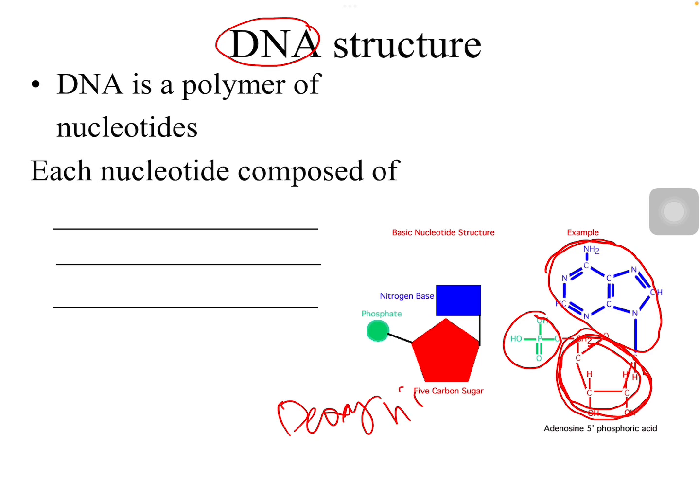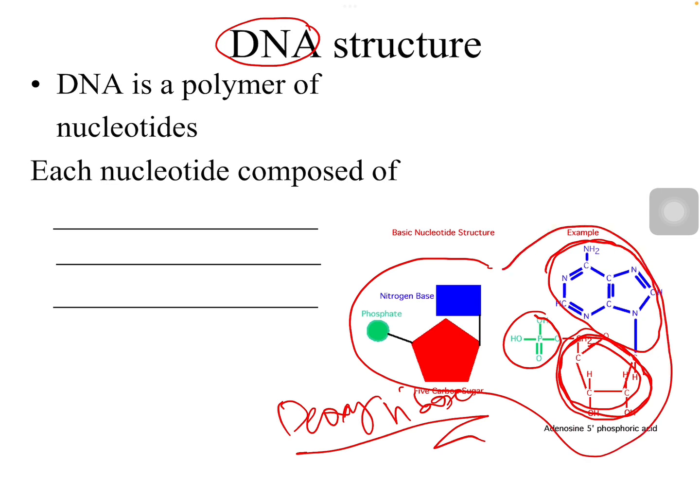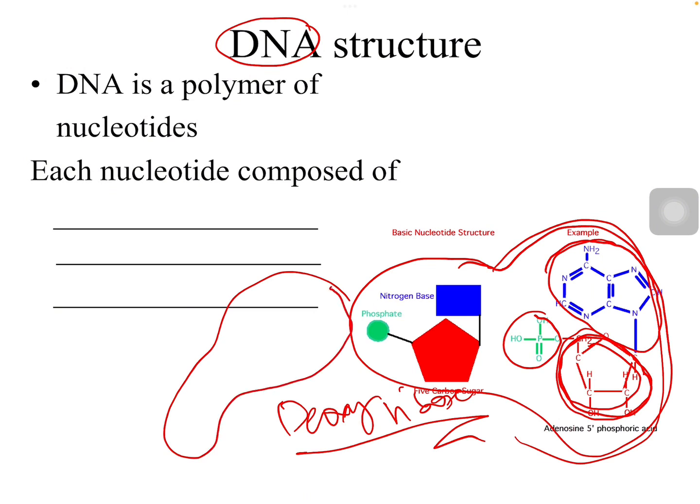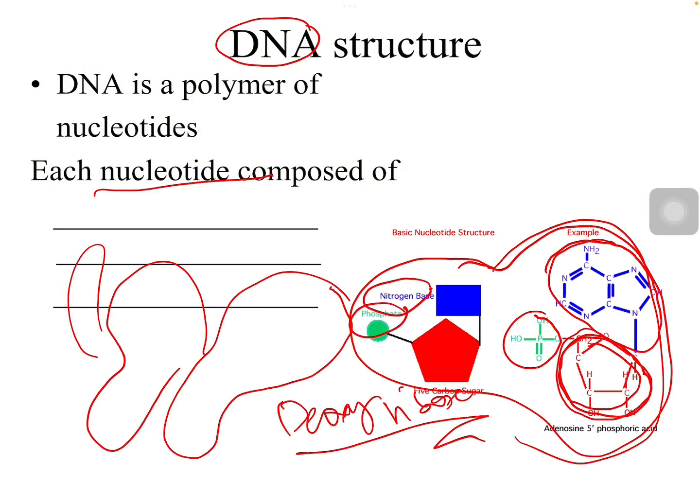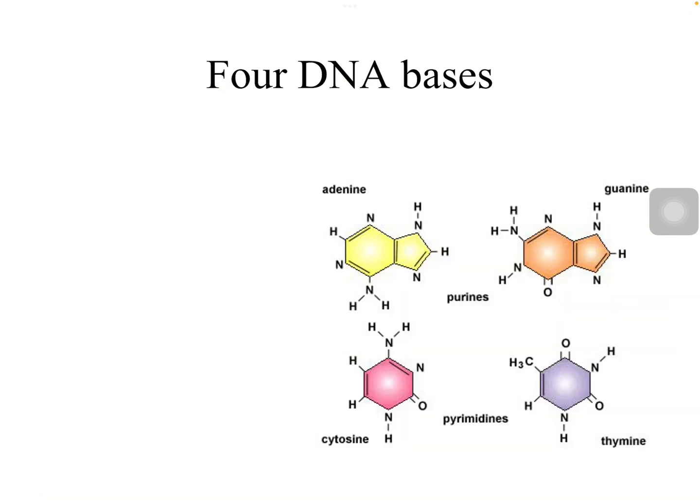Deoxyribose. That is the sugar found in our basic nucleotide structure. So, these nucleotide structures will stick together to form a polymer. And this long strand of polymers is what we call our DNA. Okay? So, each nucleotide, once again, is composed of nitrogen base, phosphate, and 5-carbon sugar.